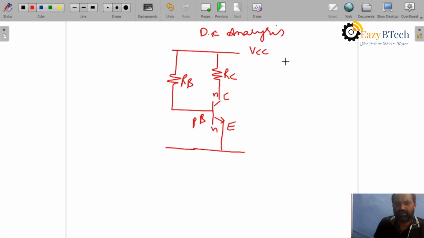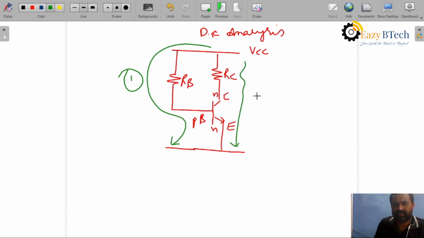Now we can write the equations. The input loop is one loop; by applying KVL, this is the first loop equation, and this is the output side, the second loop.